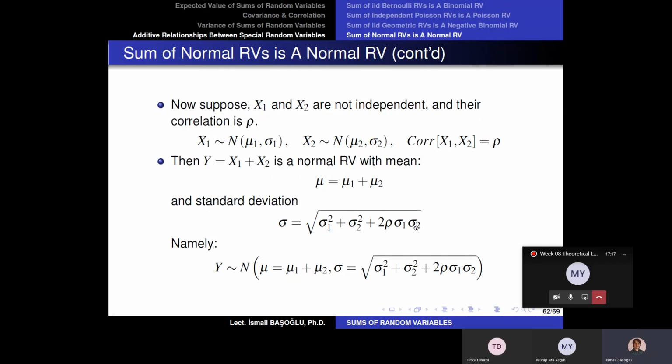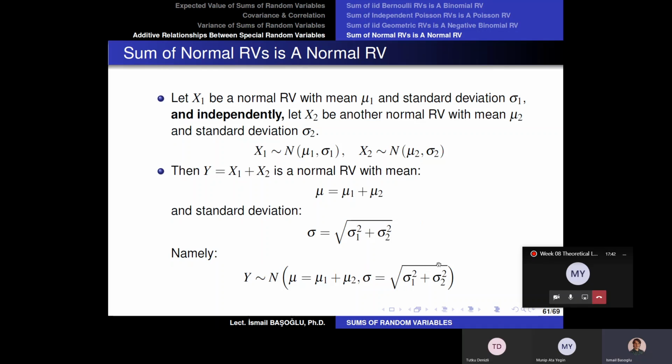And the covariance is calculated by multiplying the correlation between these 2 random variables with the standard deviations of these normal random variables, which are respectively the square root of the variances. Now, the interior of the square root is the variance of y, and the standard deviation of y is the square root of this variance. Therefore, if you do not have any correlation between these 2 normal random variables, this is the formulation that you are supposed to use in order to calculate the standard deviation of the sum.